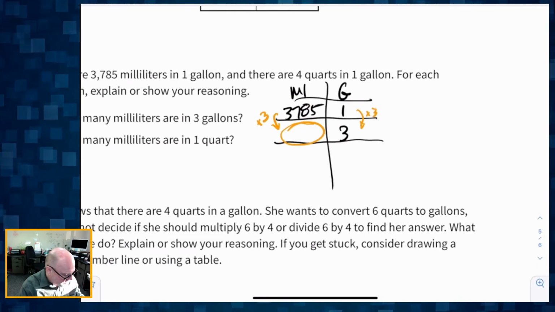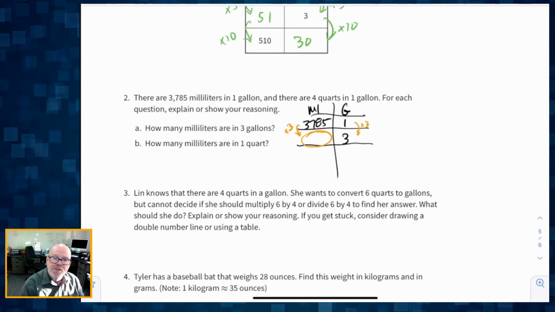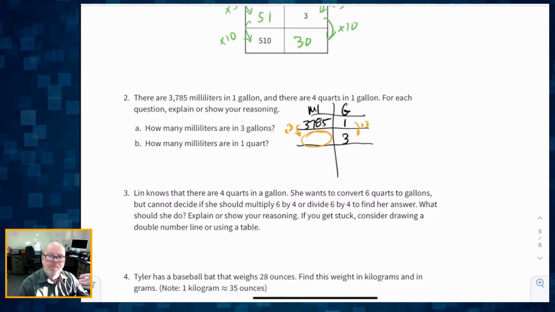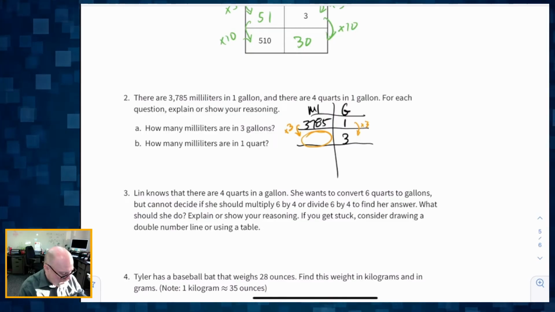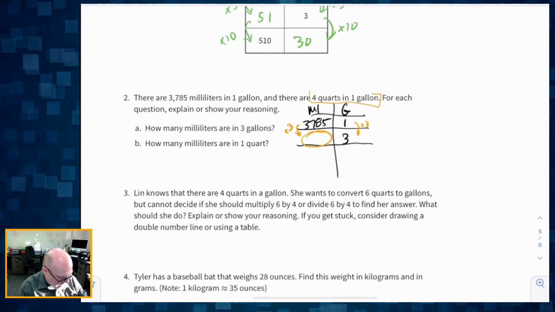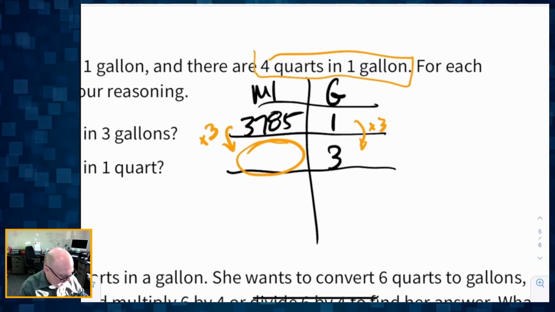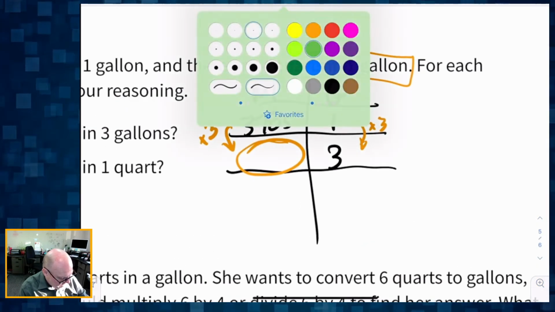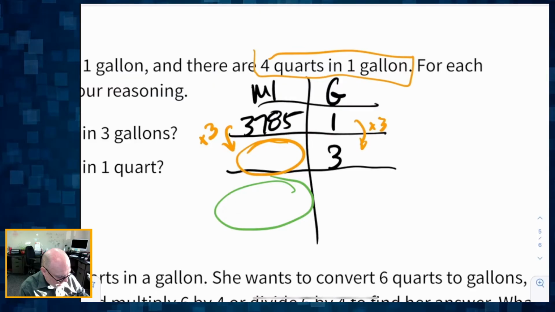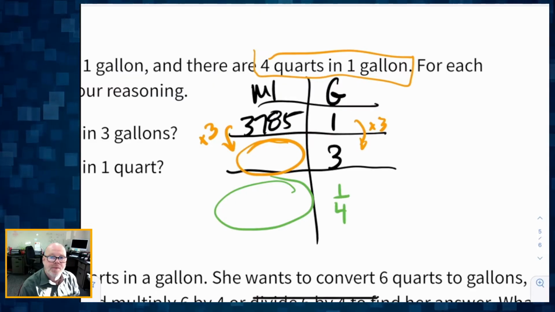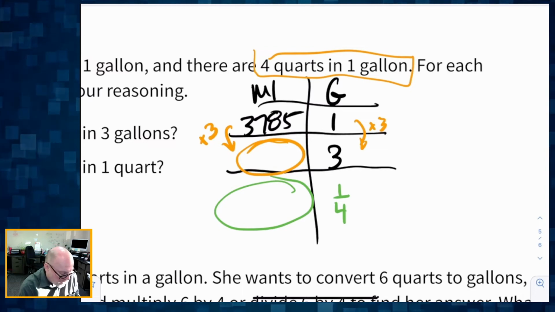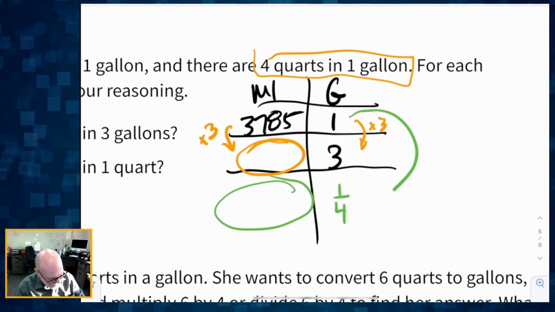But now it says how many milliliters are in a quart. So we know that there's 4 quarts in a gallon. So really what they're saying is, I want to know how many milliliters there are in 1/4 of a gallon. What's my scale factor?